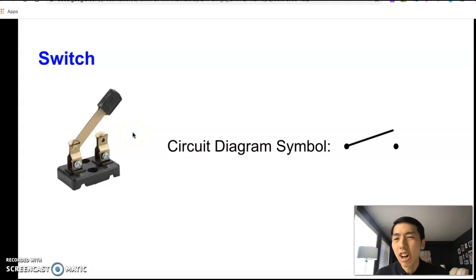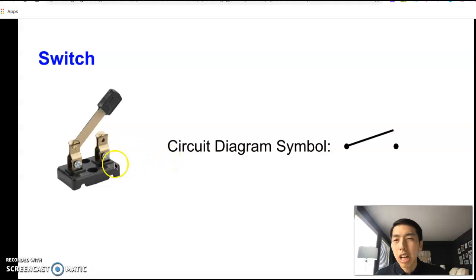So the switch is in the off position, or we call that the open position. If I were to press this down, which I can't really because this is not real life, but if I were to press that down and make the bar touch both of these, then everything's connected and the part of the circuit would turn on. We would call that the closed position of the switch.